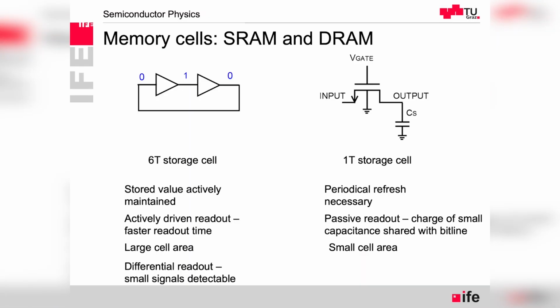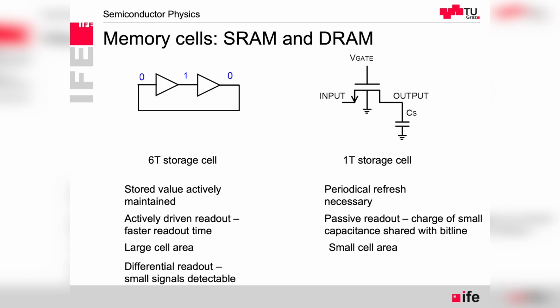And at the end, just because I think it's interesting to know about those two types of memory cells, we had the locked inverter structure, and also we had the transistor-capacitor structure, the so-called SRAM and DRAM cell.